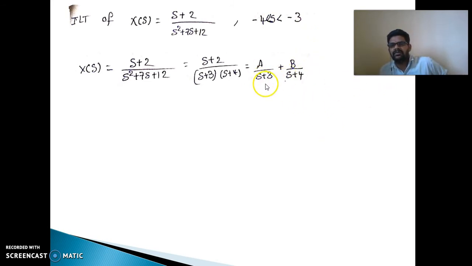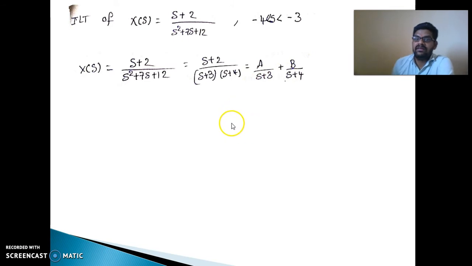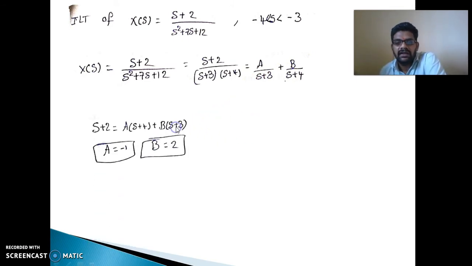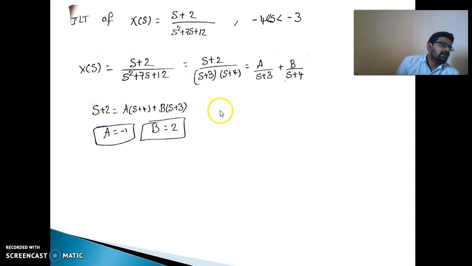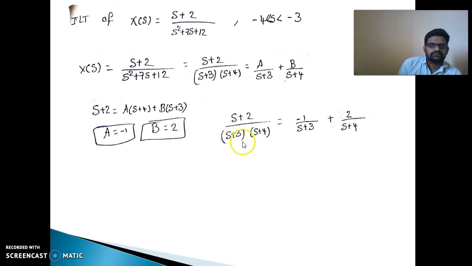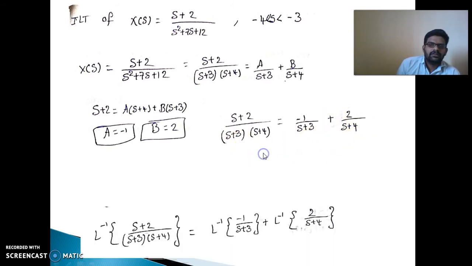So it is a combination of a left side and a right side function. So we have two constants, and by the previous examples you can calculate a equal to minus 1 and b equal to 2. So minus 1 by s plus 3 and 2 by s plus 4.